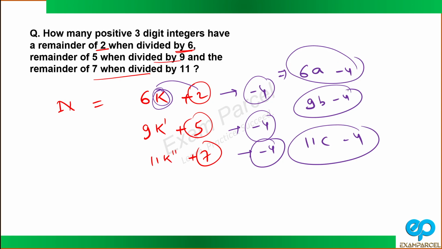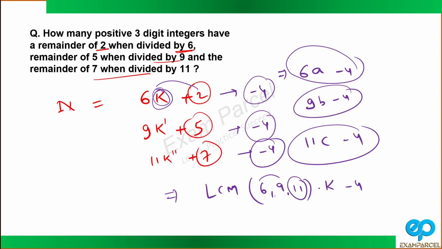Now since we have the same remainders, can I say that this will be of the format LCM of 6, 9, 11 into some multiplier k minus 4, right? So what will be the LCM? From 6 and 9, my LCM would be 18, and 18 doesn't have anything common with 11.